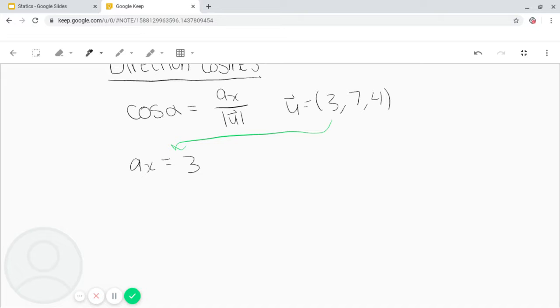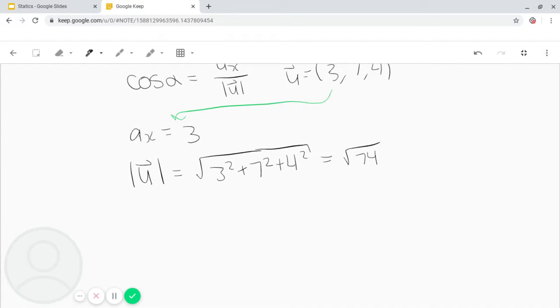And we've already found in the previous example the length of u is 3 squared plus 7 squared plus 4 squared equal to root 74.